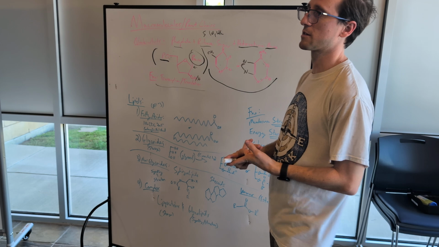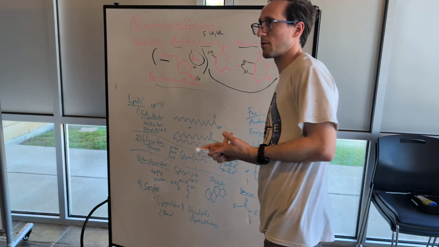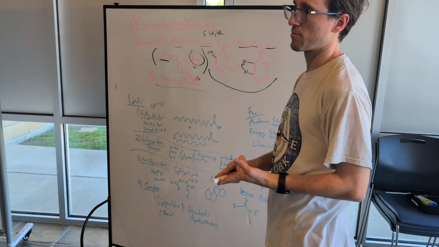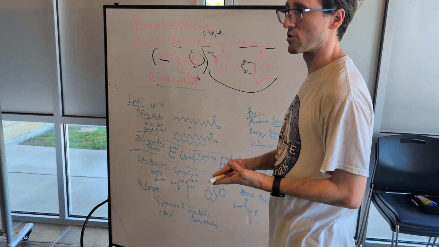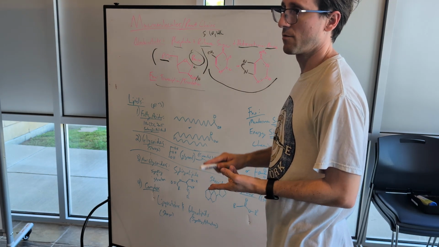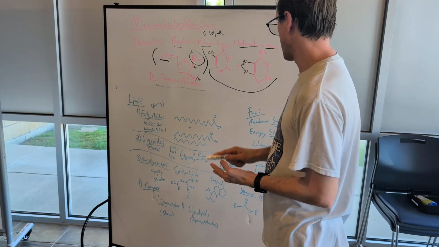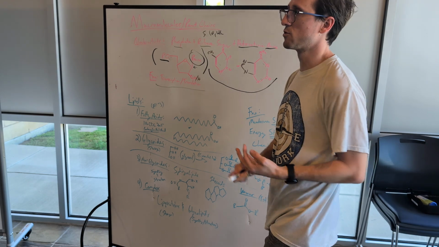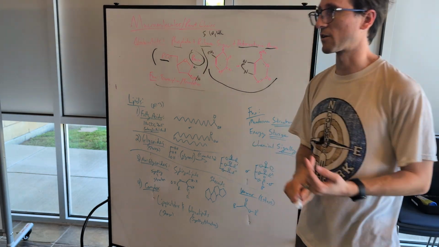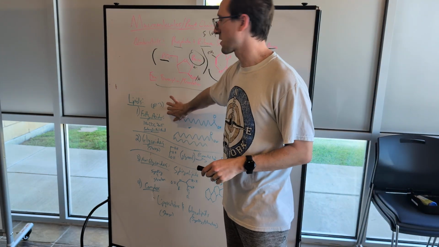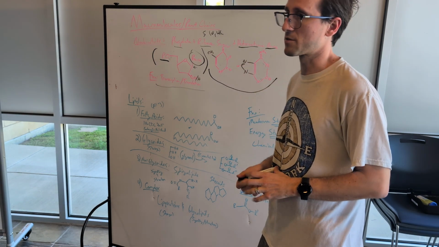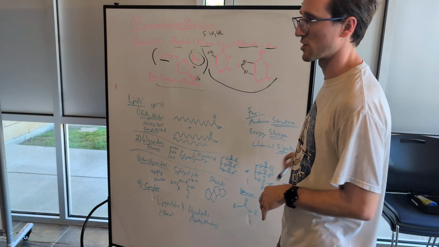Arachidonic acid is stored in the membrane, but it also works as a storage mechanism for all the hormones we make. Once it's converted into those other structures, it's used for signaling. So fatty acids serve all 3 purposes: structure, storage, and signaling.